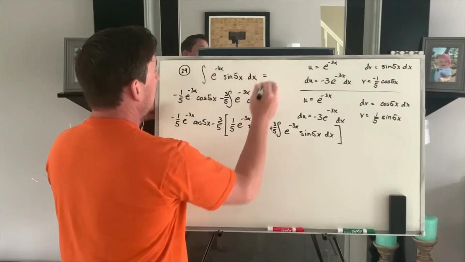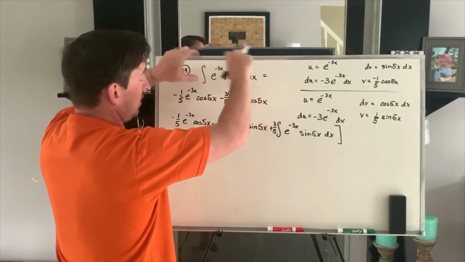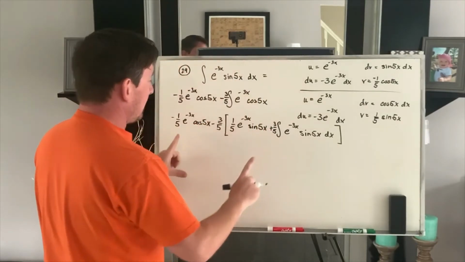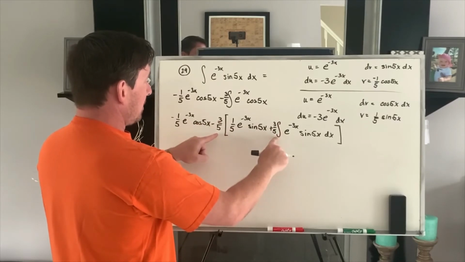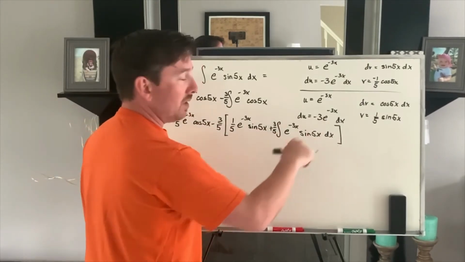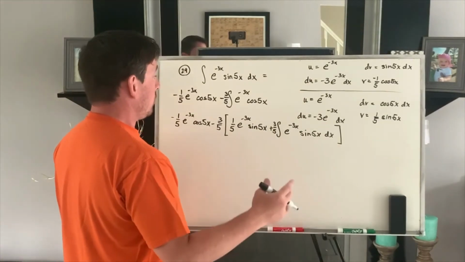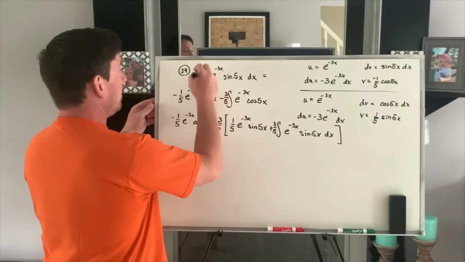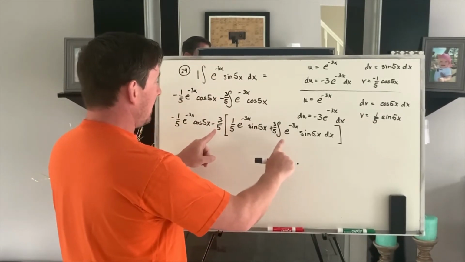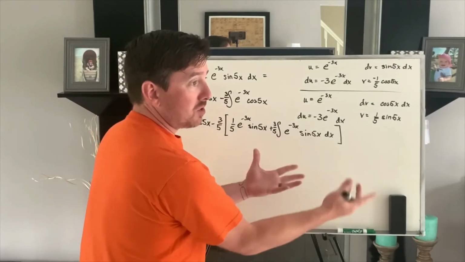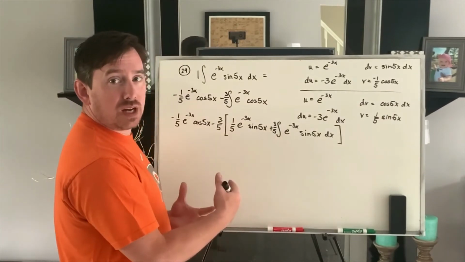On the left-hand side, we have this whole original integral. And then on the right-hand side, now let's be careful, we have a negative 9/25 of the original integral, the same exact integral. So if on the left we have one of these, and on the right we have a negative 9/25, I'm just going to add 9/25 of this integral to both sides.